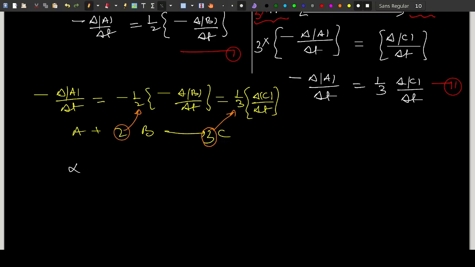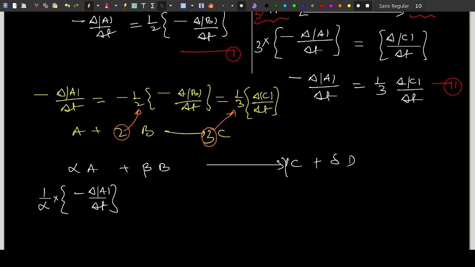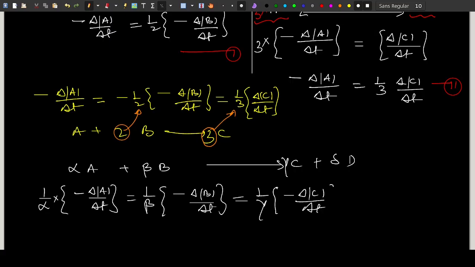If alpha A is reacting with beta B and producing gamma C and delta D, then 1 upon alpha into delta A upon delta T, and 1 upon beta delta B upon delta T, and 1 upon gamma delta C upon delta T, and 1 upon delta delta D upon delta T. These are the findings.